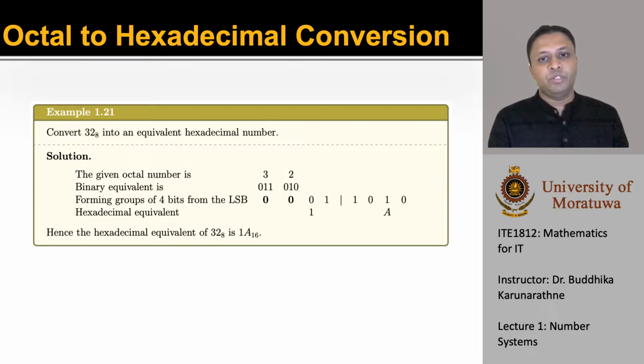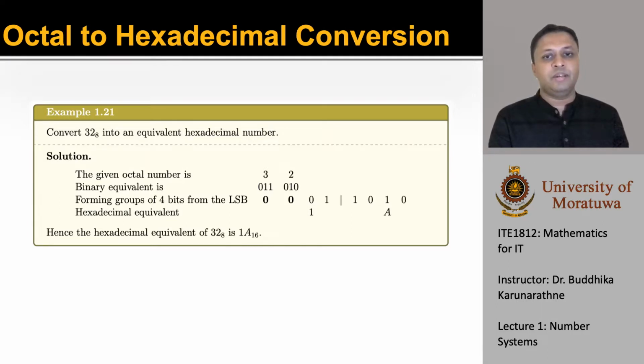And then what we want to do is group this into 4-bit groups. Once again, we start from the least significant bit, and we group them into 4-bit groups. So here you have 0101, or the other way around, 1010. That corresponds to the letter A in hexadecimal format.